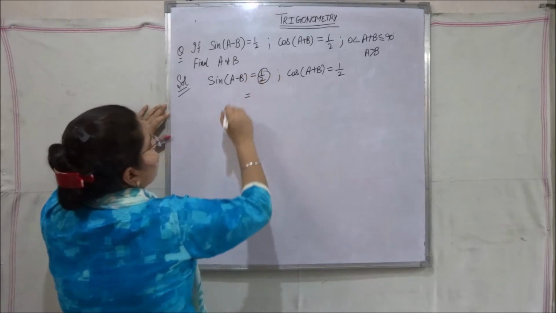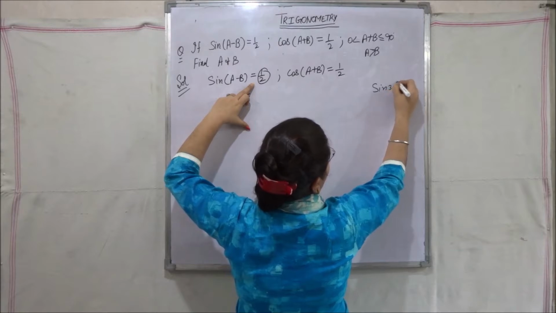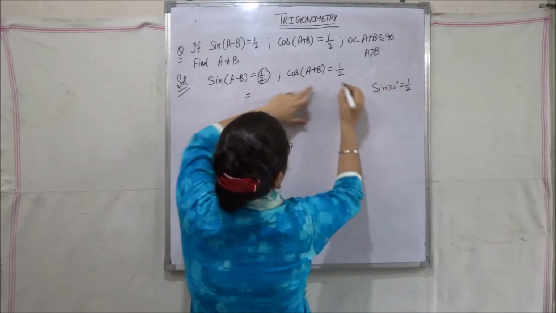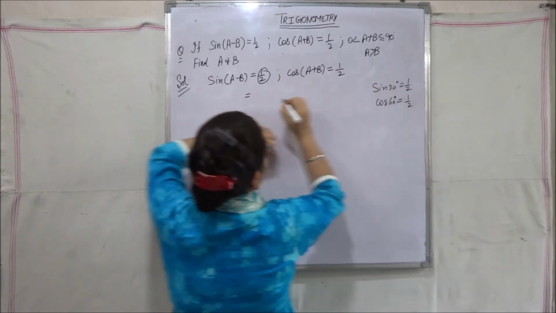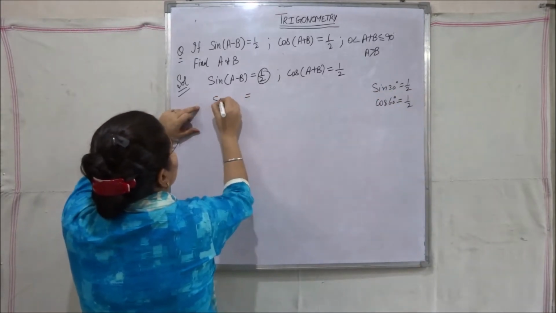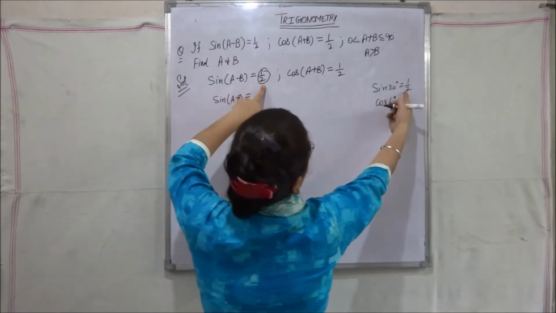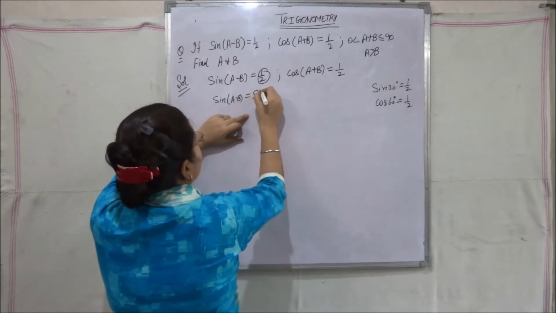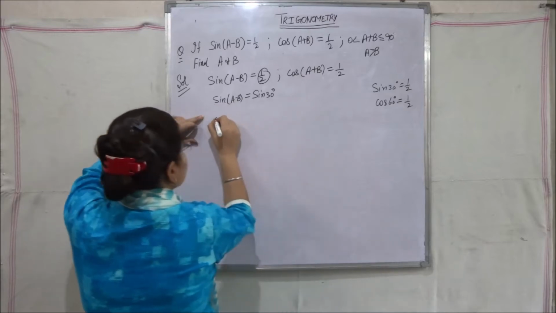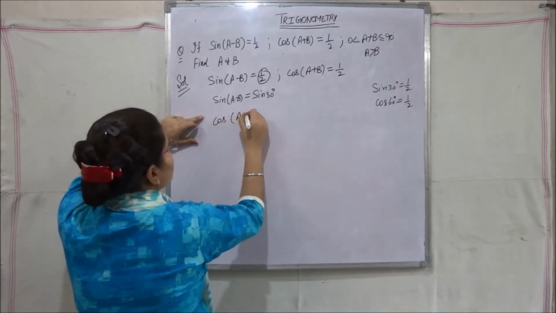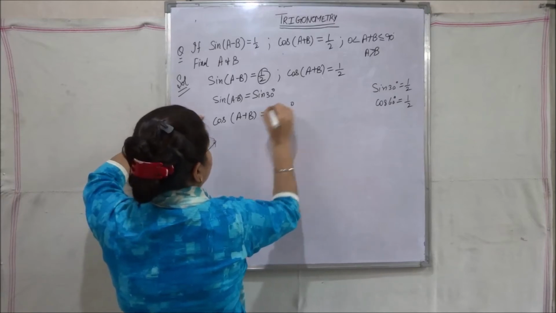Now we know that sine 30 is 1 by 2 and similarly cos 60 is also 1 by 2. So we will put the value sine 30 instead of 1 by 2, and in a similar way cos of a plus b will be equal to cos 60 degrees.